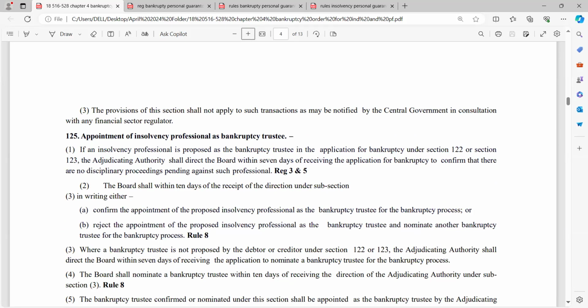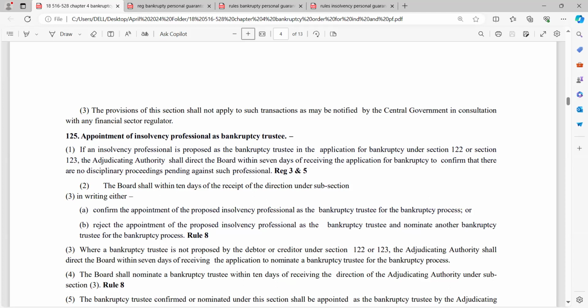In case of insolvency, what is the section for interim moratorium? Section 96, sir. Interim moratorium, that is there, but it is not talking of secured and unsecured here.